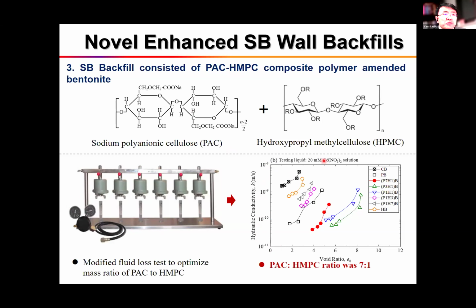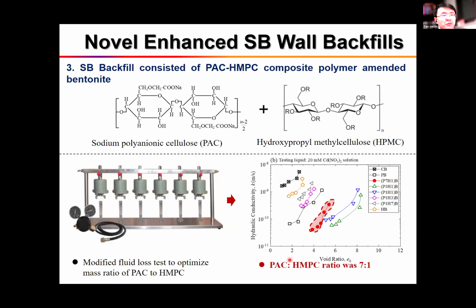The testing liquid is cadmium nitrate solution. We find with different PAC to HPMC ratios, we get different Kc values. However, at the given water ratio, this ratio will yield the lowest Kc.